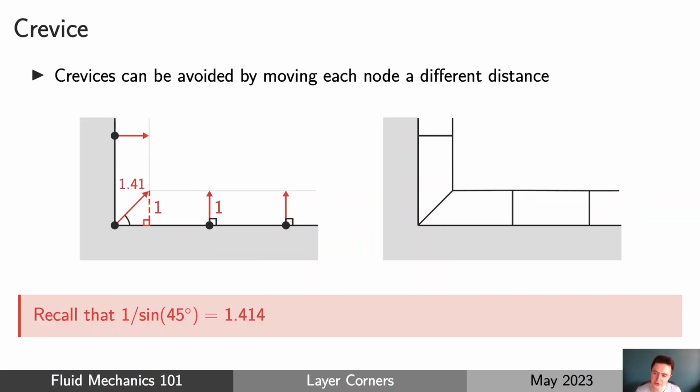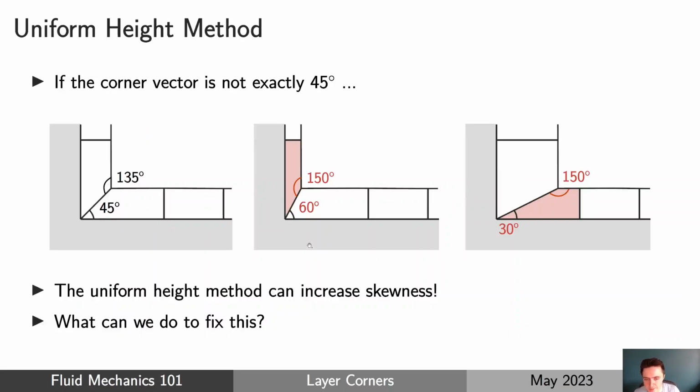But this uniform height method also has its problems as well. And we thought previously about what would happen if we smooth the node vectors. So rather than having the node vectors at exactly 45 degrees, 90 degrees and 0 degrees, to alleviate some of the problems towards the top of the layers, to try and avoid that overlapping, if we change the angles of these vectors, for example, we can see that the uniform height method might not necessarily give us the result we want.